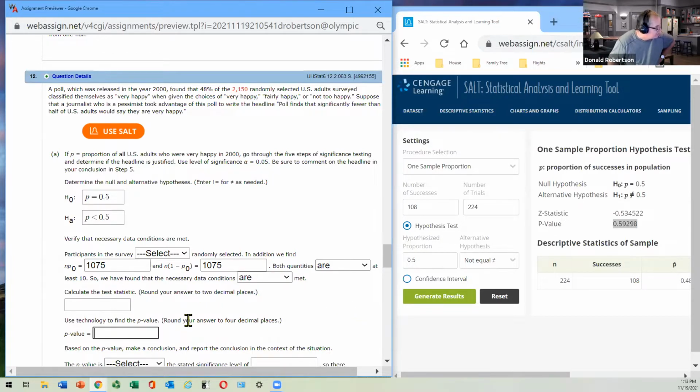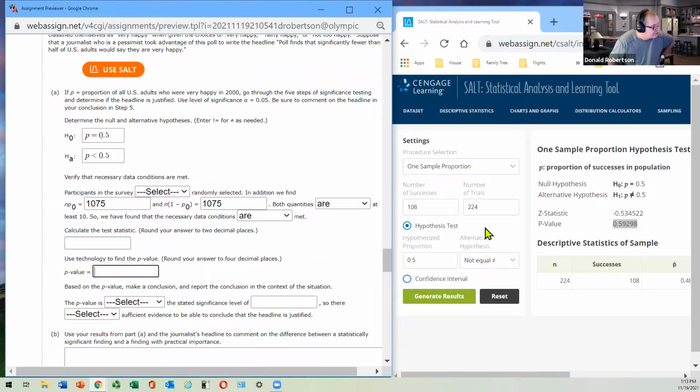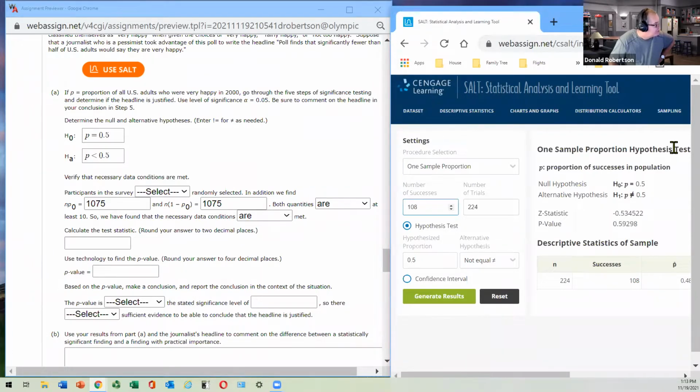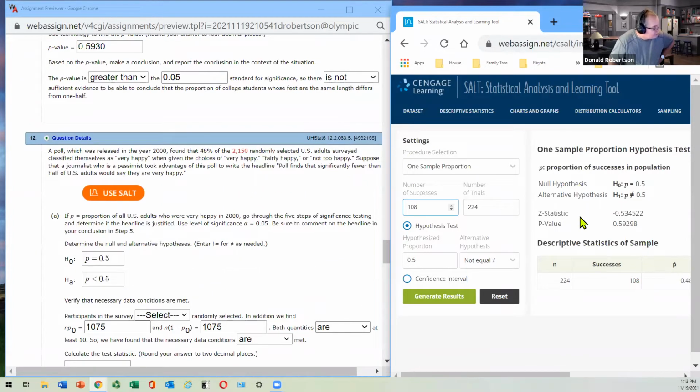Now, the last chunk of the questions, these guys here, we get from SALT. So I'm going to go over here and put in the data that we have this time. And here's my problem, and I'm glad I wrote it down. We have in this sample 2,150 people, but they didn't tell me how many out of that 2,150.